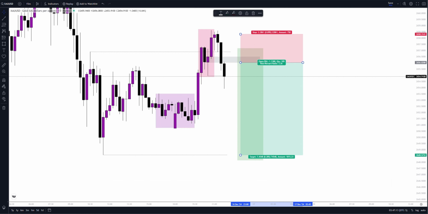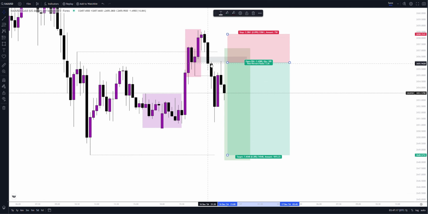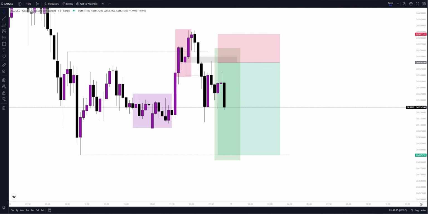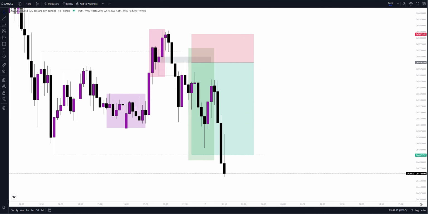Now we are hitting this breaker block, and now we want to see price take out this low, which is the sell side liquidity. Now we have taken this low out. So this is accumulation, we got the manipulation, then we shifted the market structure, and then we got the distribution phase. Let me show you another example.